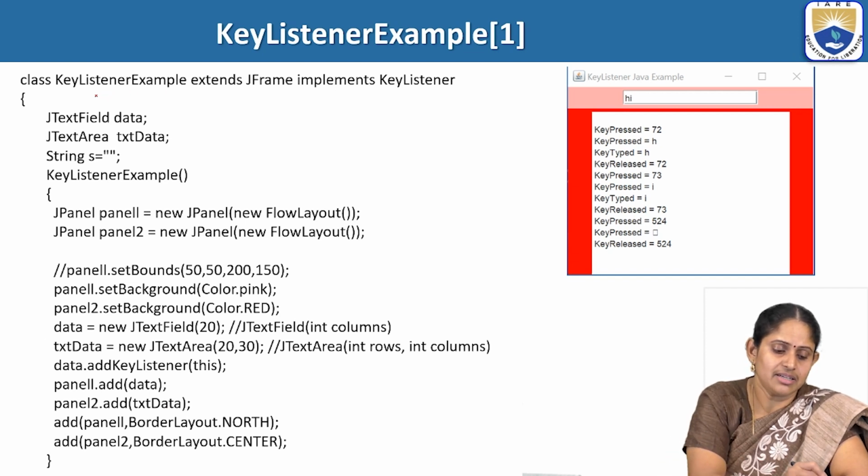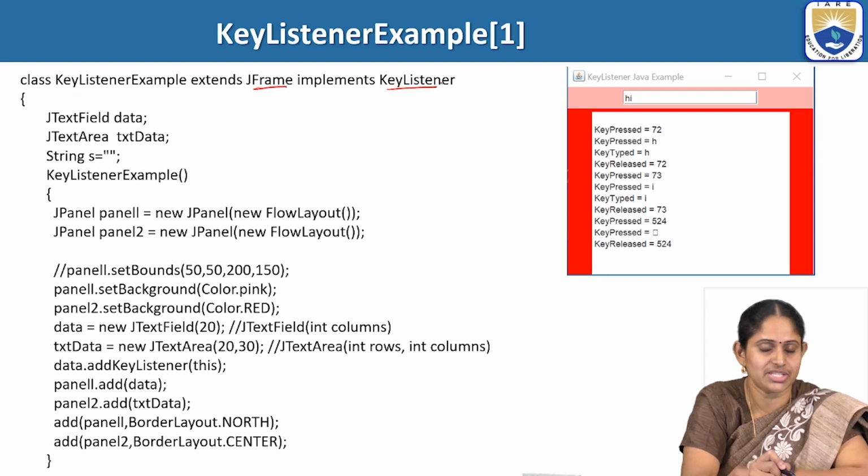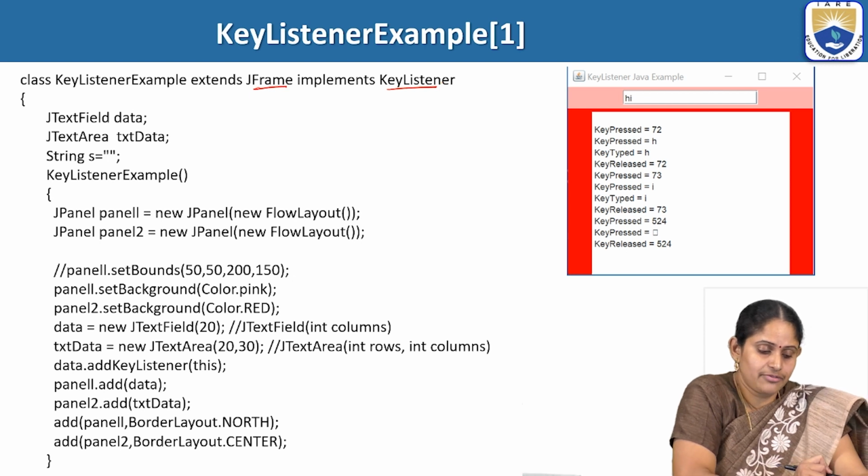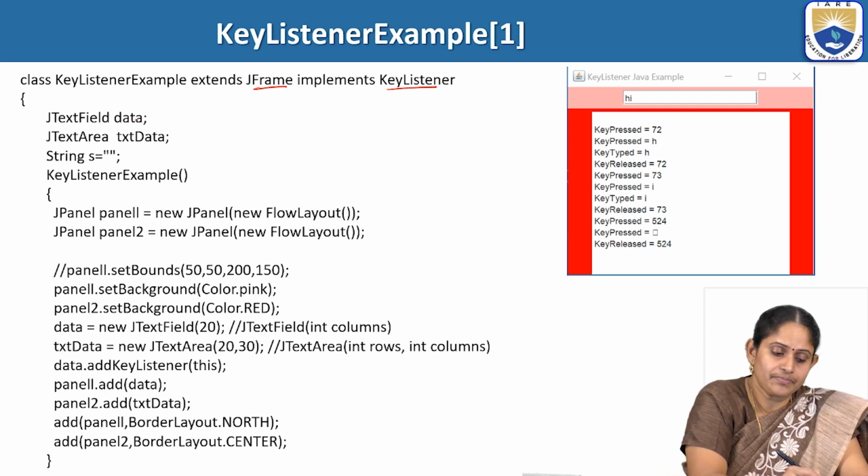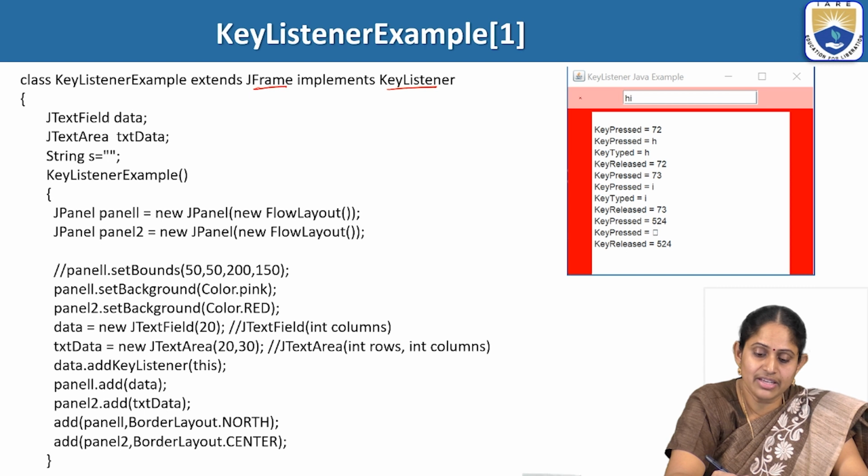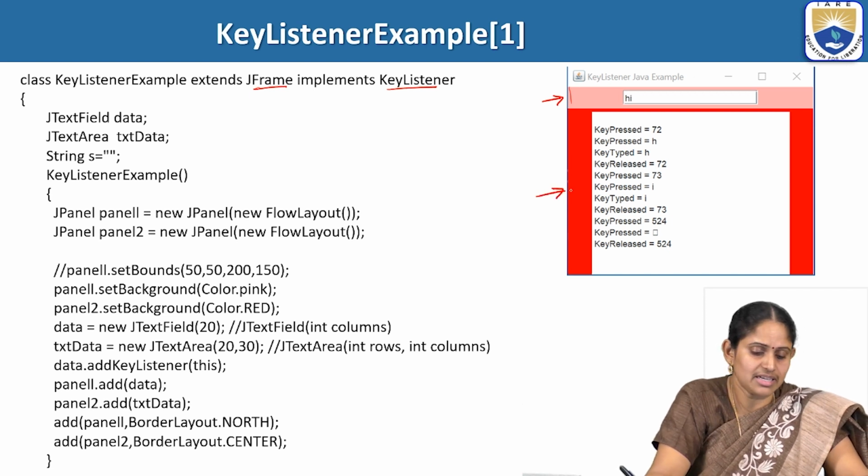Next, we have this KeyListenerExample, which extends the JFrame and implements the KeyListener interface. Here we are making use of 2 panels. The first panel is the light pink one, and the second panel is red in color.